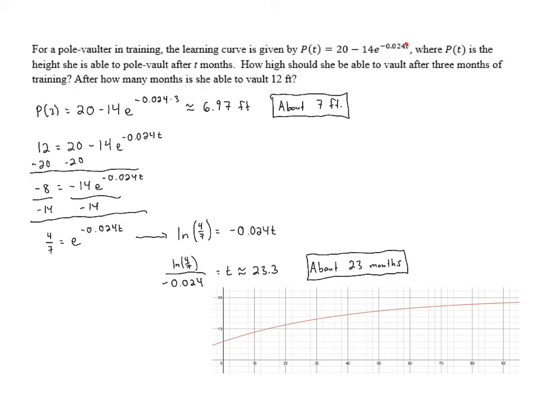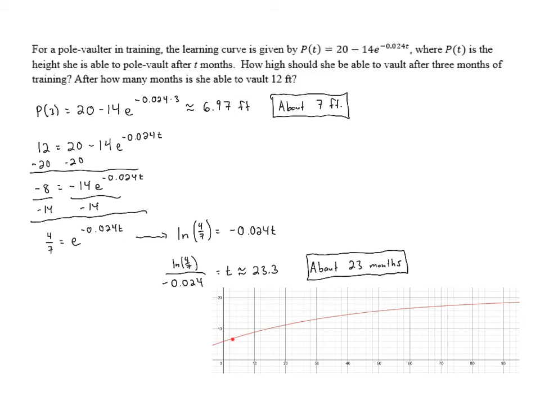When t equals 0, e to the 0 is 1, 14 times 1 is 14, and 20 minus 14 is 6. So the average person with no training at all should be able to vault 6 feet, which isn't surprising because average height is just a little bit under 6 feet.